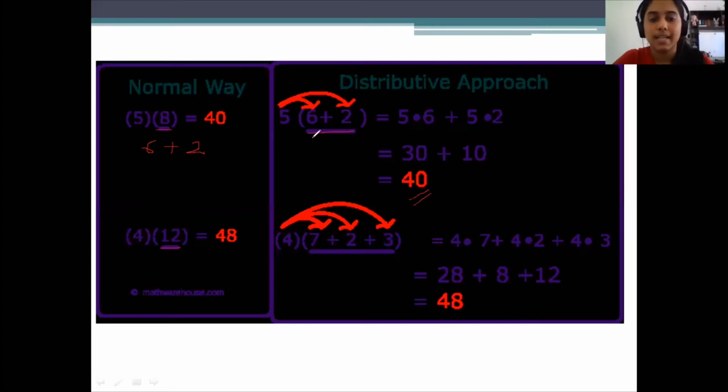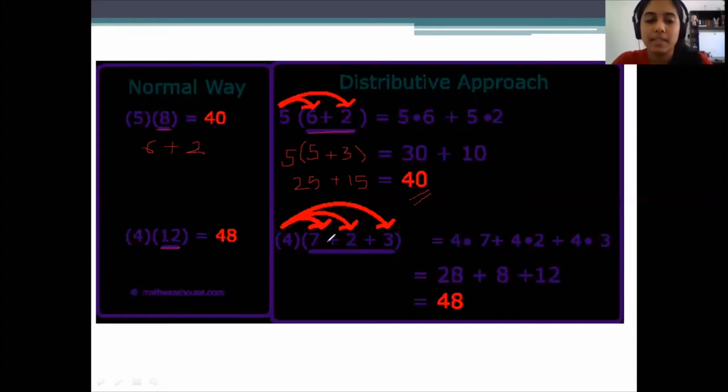Suppose 8, you could have split as 5 plus 3 in the bracket, and then outside you put 5. Then you get 5 into 5, which is 25, plus 5 into 3, which is 15. And 25 plus 15 is 40. So there's no one way to split 8. You can split 8 as 7 plus 1, 6 plus 2, 5 plus 3.